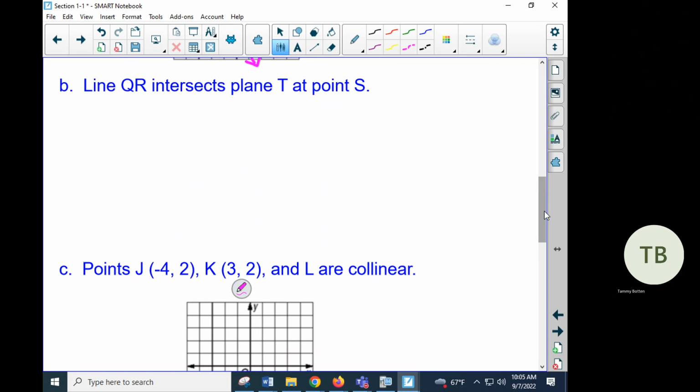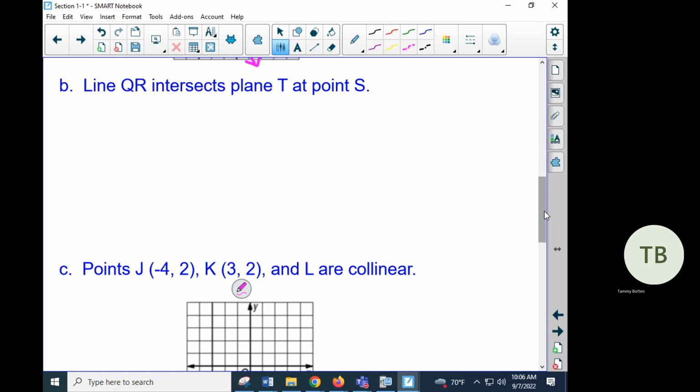Now, this says line QR intersects plane T at point S. When you have a line and a plane, the line can lie in the plane or on the plane, which means it's right on there. Or your line can cut through the plane and touch it at just one point, where it crosses through.